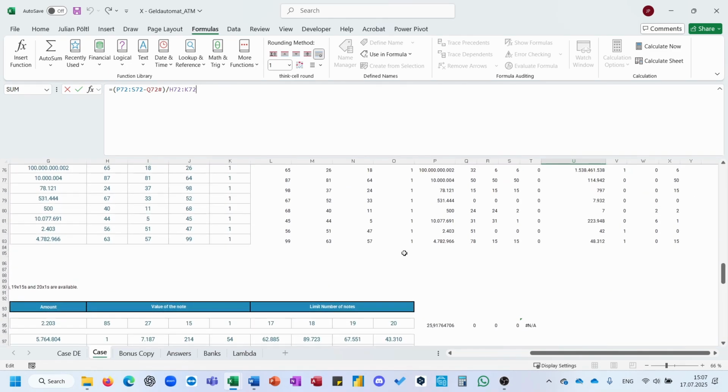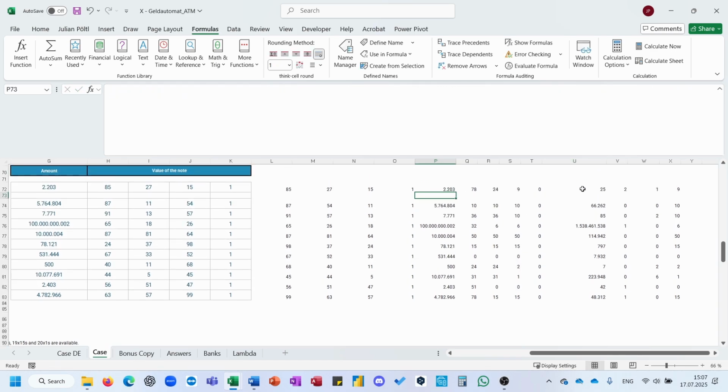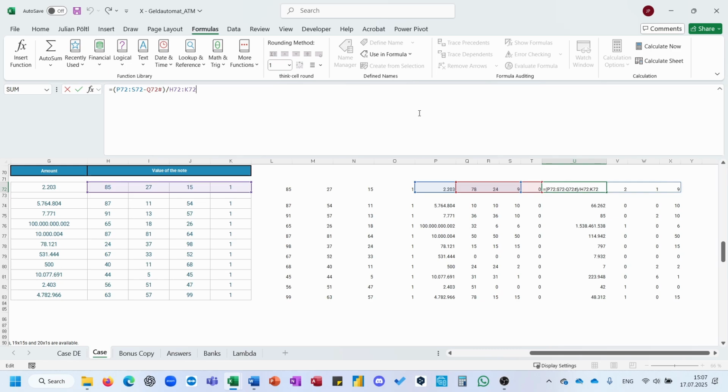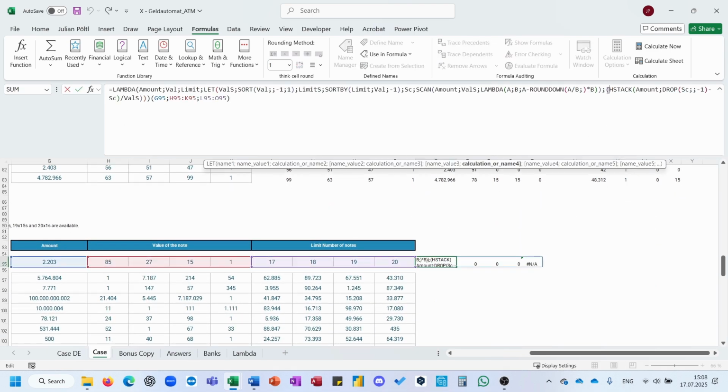Divided by value sorted here. Okay. Yeah, there's also something here. This is full SC. Okay, let's copy it in again. SC is done.